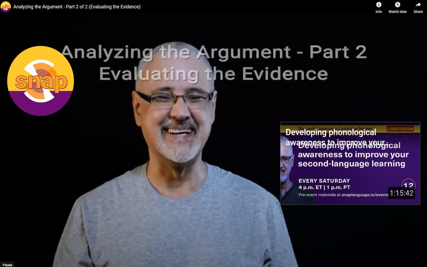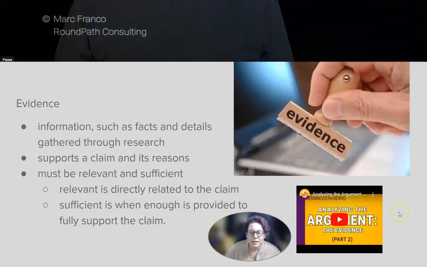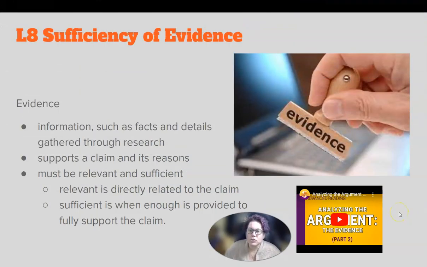So remember just to make sure that you are providing enough evidence and that it's relevant to the statement that you're making or the claim that you have or whatever your reasoning is for that particular slide, okay? And just, again, make sure that you're citing your sources.